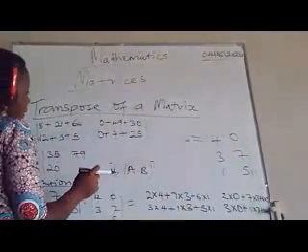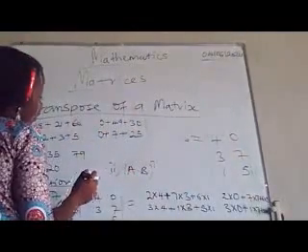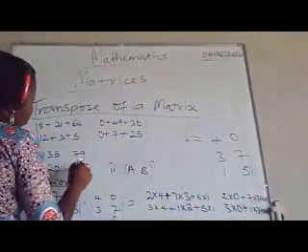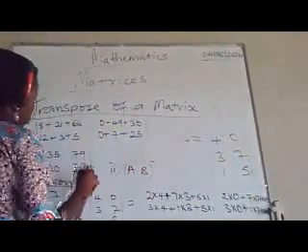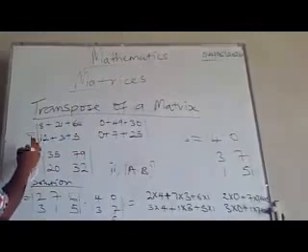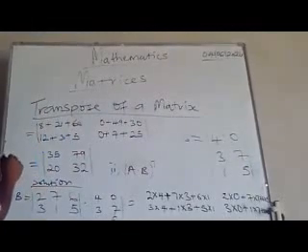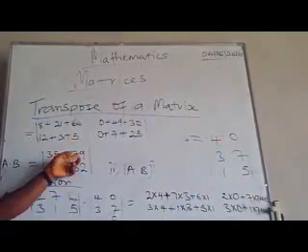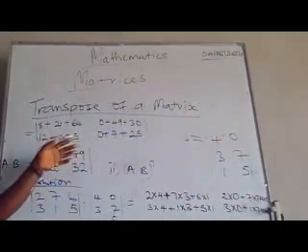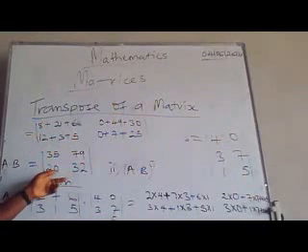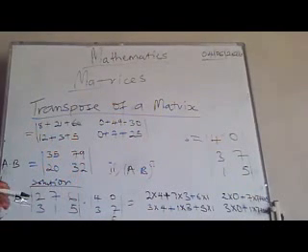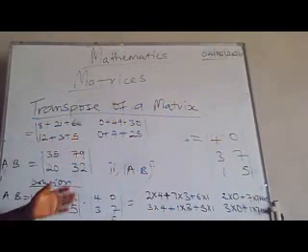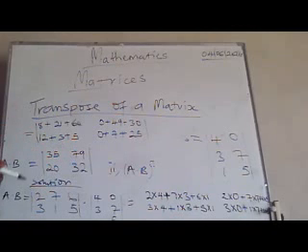Then 0 plus 7 plus 25, that's 32. So our A dot B is 35 and 79 on the first row, 20 and 32 on the second row. So we have 2 rows and 2 columns.